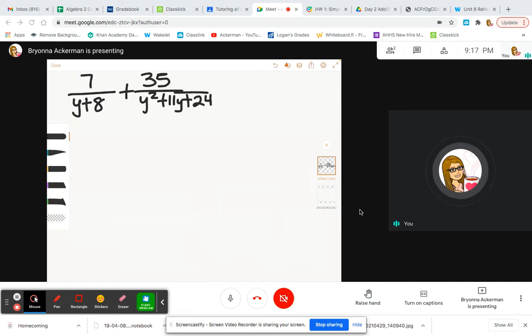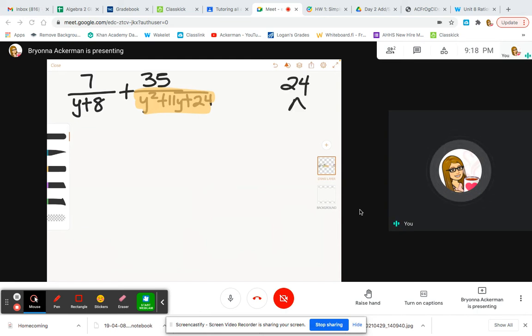Anytime one of the denominators is a quadratic and the other one's not, and they're not matching, most likely you want to factor first, so that we can see if one of the factors matches and find some common ground. So let's factor the yellow denominator. If we do the AC method, A times C is 24.